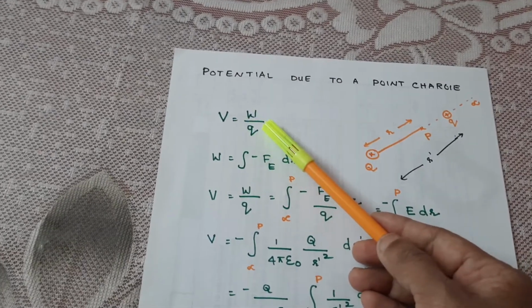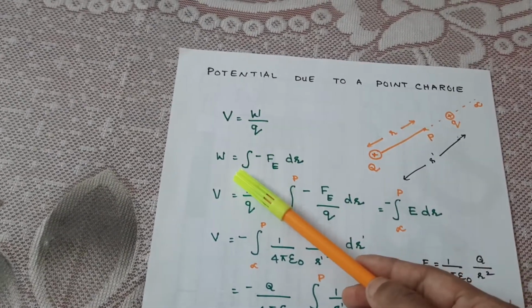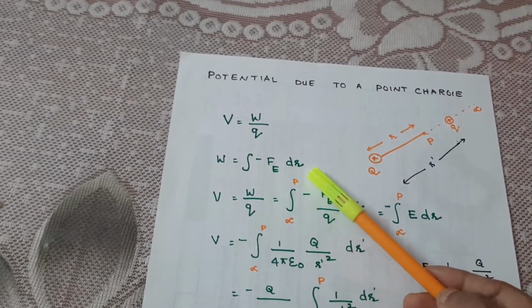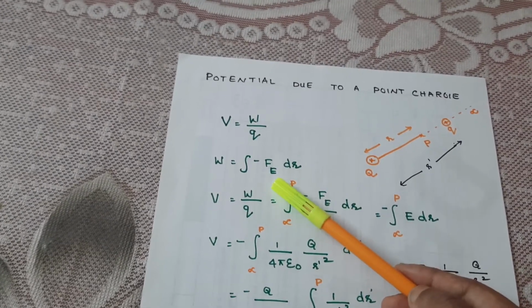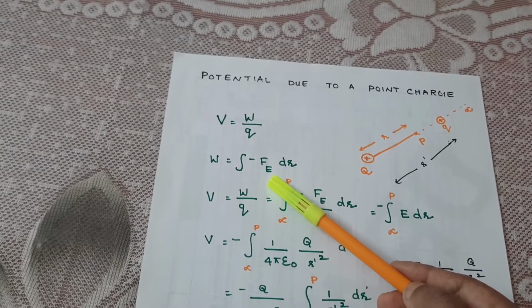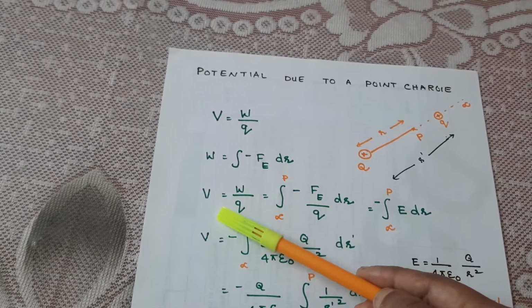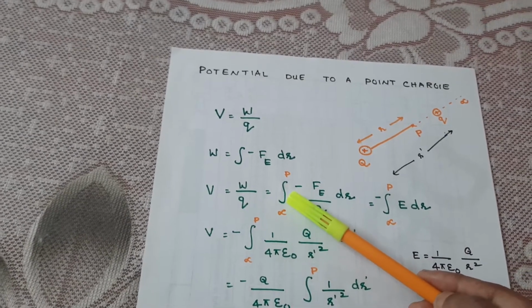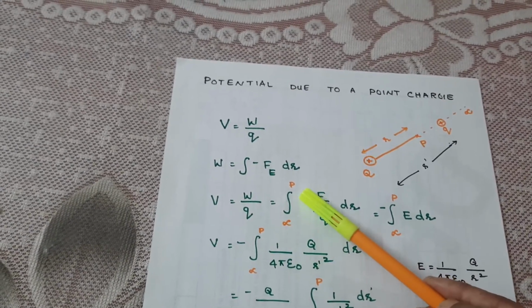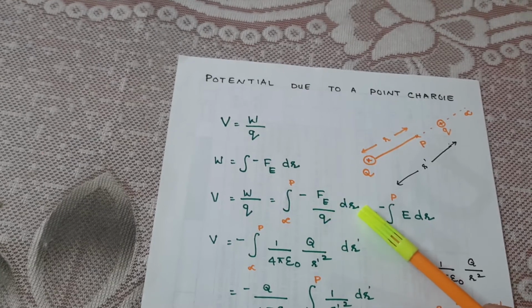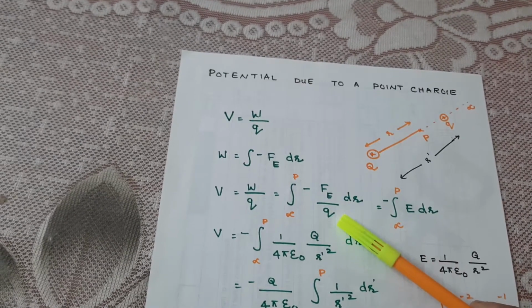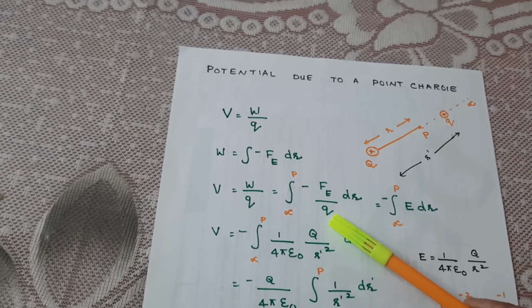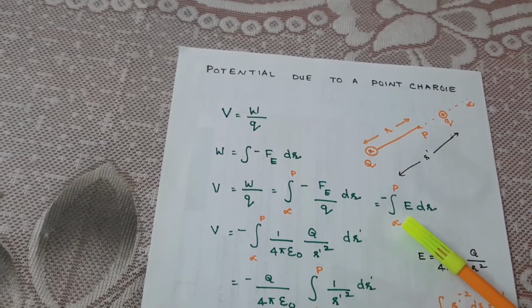V is equal to W by Q, where W is equal to the integral of minus Fe dr, where Fe is the electrostatic force. Therefore, V is W by Q, equal to the integral from infinity to P of minus Fe dr by Q. The electrostatic force per unit charge is known as electric field.